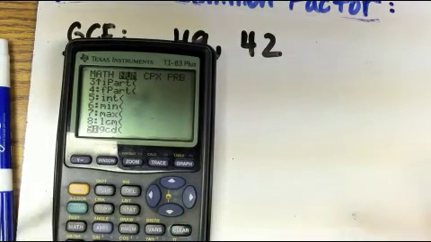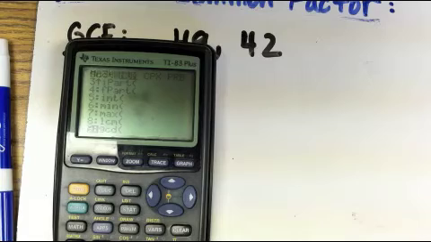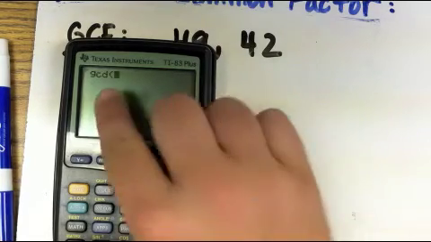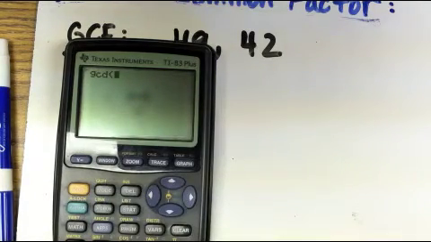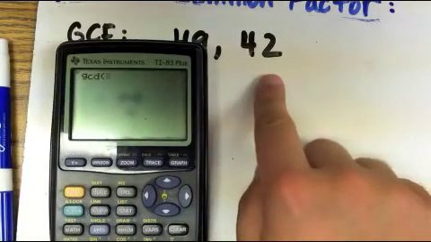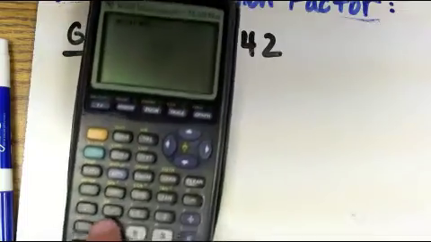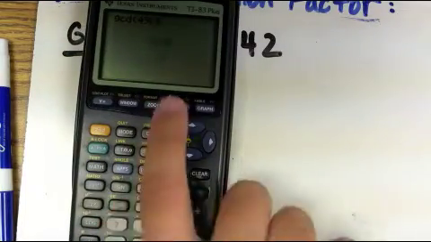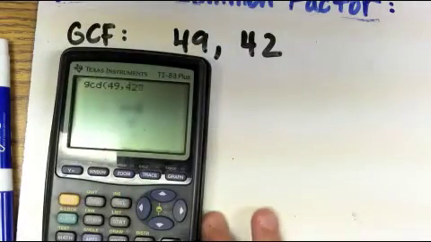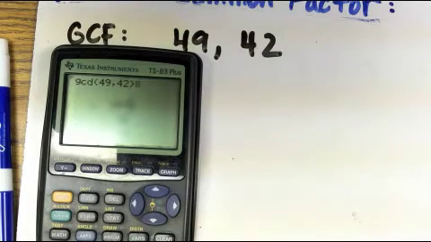It's the same thing as the greatest common factor. So you're going to hit enter. Then it wants to know what you want to find the GCD of. So you're going to type the problem in exactly like you see it. 49, comma, now the comma is right near the parenthesis, 42. Close it off, and then hit enter. And you automatically get that the GCD is 7.